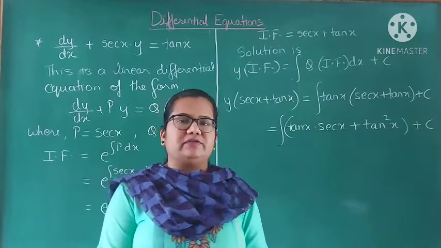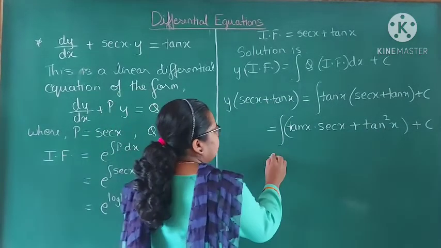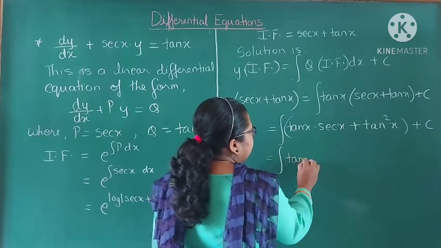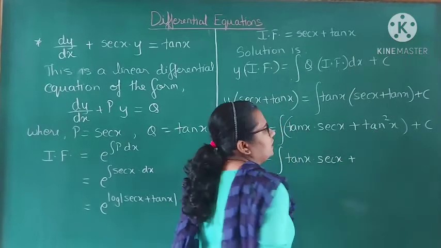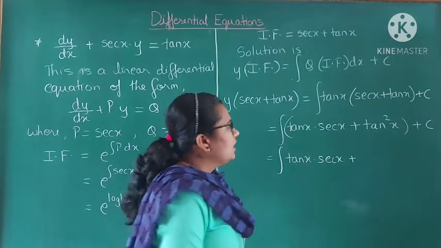So what substitution will we do here? In place of tan square x, we can write sec square x minus 1. The identity I am going to use here is 1 plus tan square x is equal to sec square x.